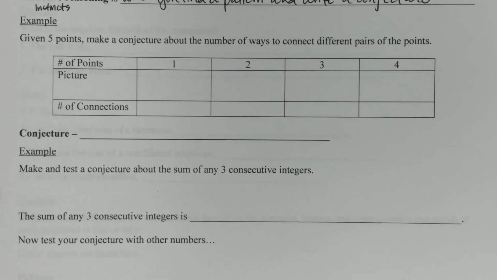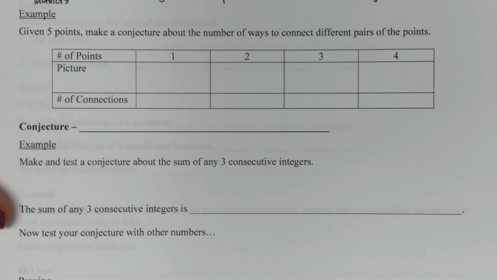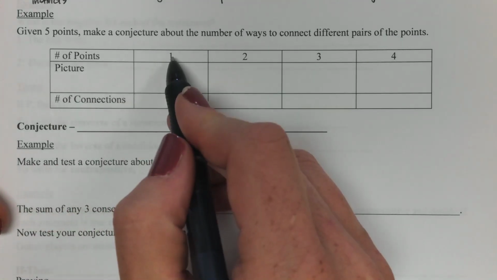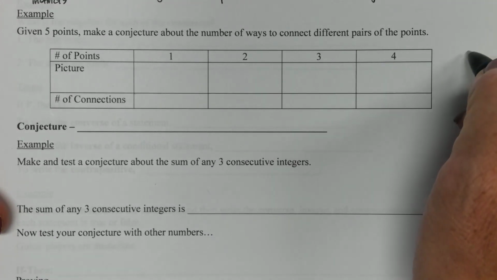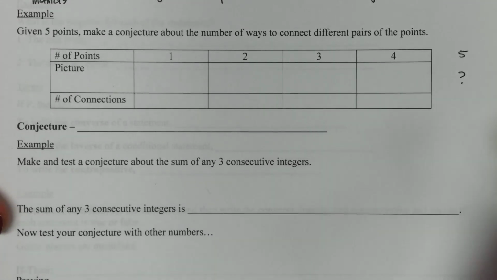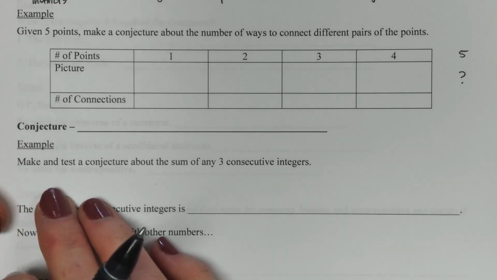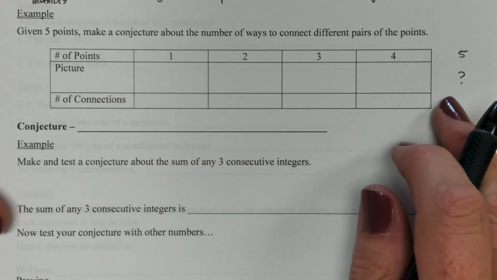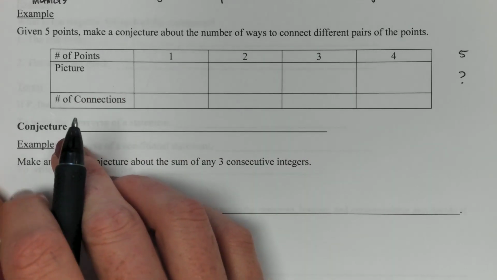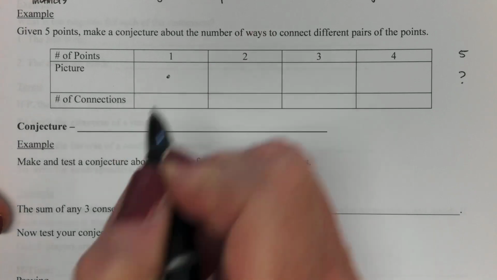So given 5 points, make a conjecture about the number of ways you can connect different pairs of the points. So I'm going to start you off slow with 1, 2, 3, 4, and then out here is going to be our fifth with a big question mark. We're going to see if we can make enough of an educated prediction as to what will happen. So if I have 1 point, it just looks like that.